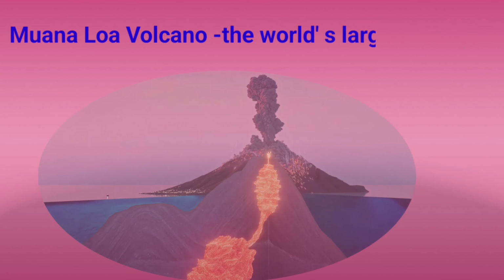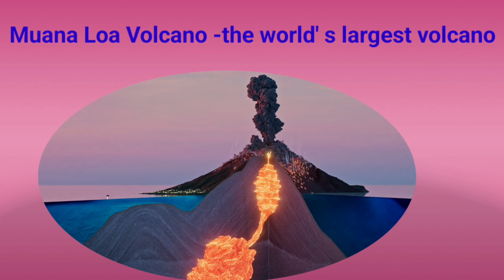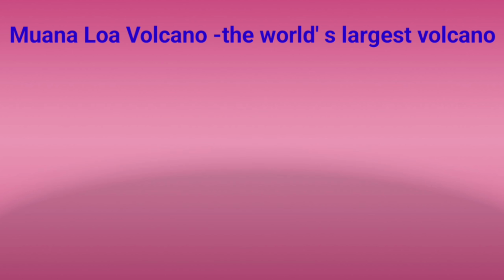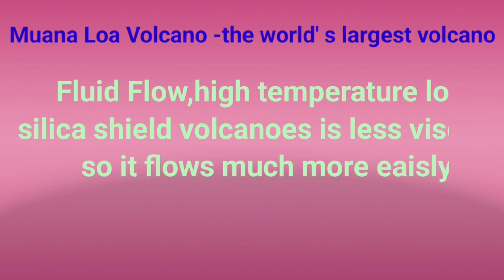Mauna Loa volcano, the world's largest volcano. Mauna Loa volcano is the largest active volcano on the planet. Fluid flows, high temperature, low silica. Shield volcano lava is less viscous, so it flows much more easily.